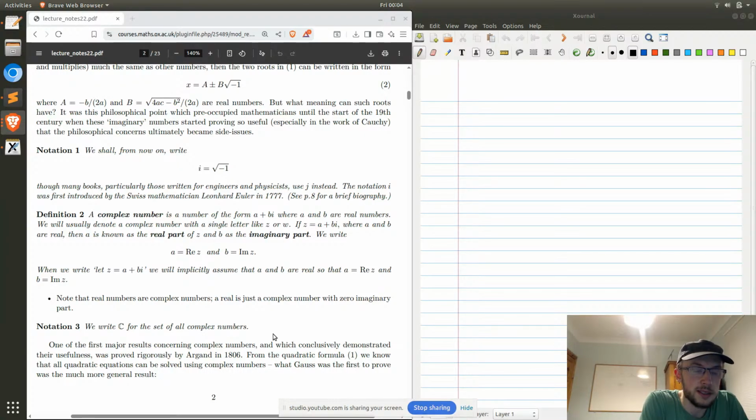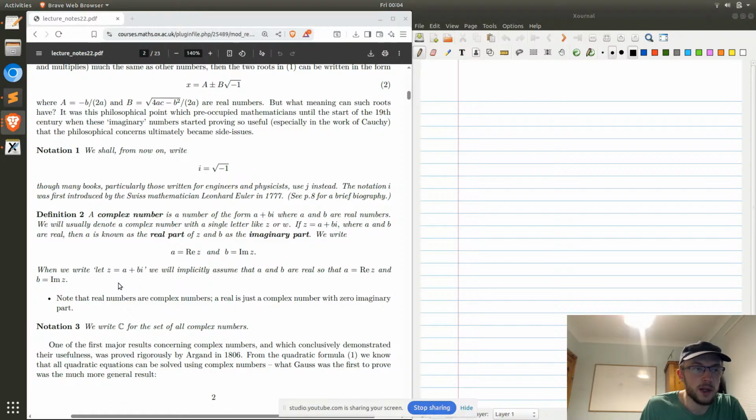We also write this as Re(z) and Im(z). When we write let z equal a plus bi, we will implicitly assume that a and b are real, so that a is the real part of z and b is the imaginary part of z.